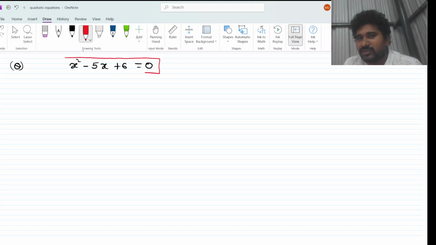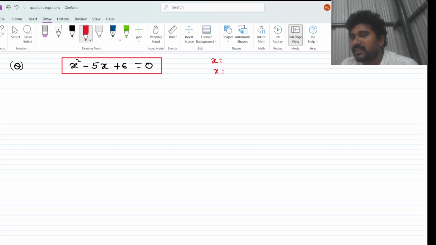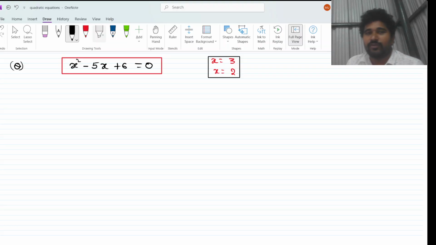With your experience itself you can guess what x values are suitable for this. The x values are 3 and 2. I can write this directly because I have practiced this equation. Now, which method did I use here? Guessing.